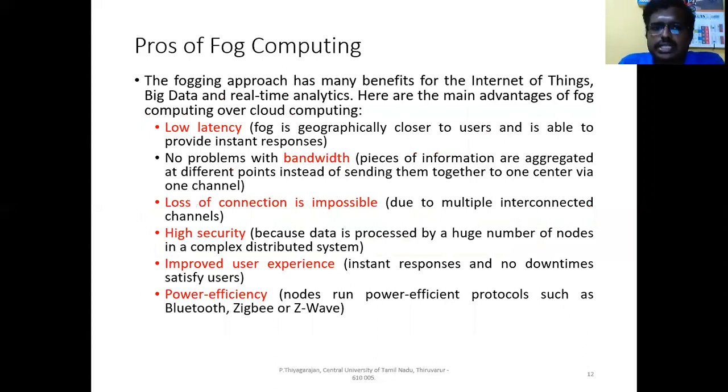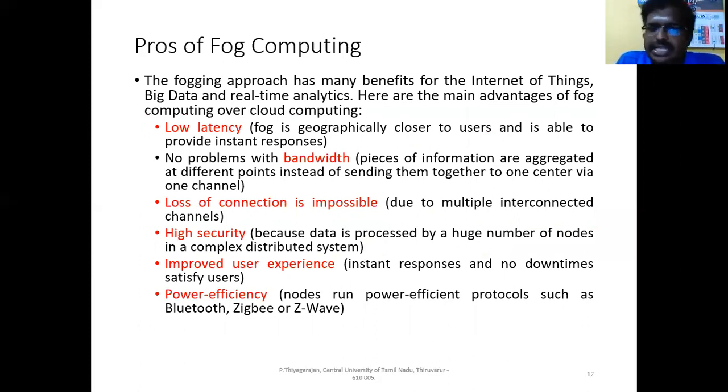Now we are going to discuss the pros, the advantages of fog computing. There are many advantages of introducing fog computing in the Internet of Things, especially for real-time analytics. The introduction of fog computing enables us to have low latency.